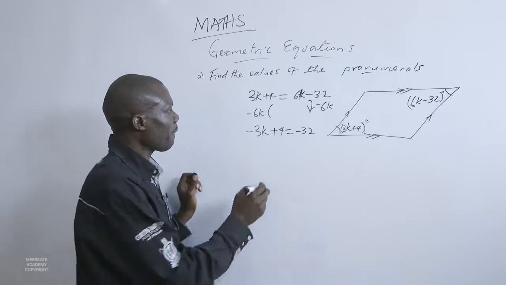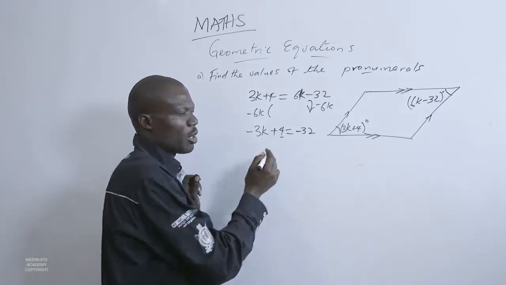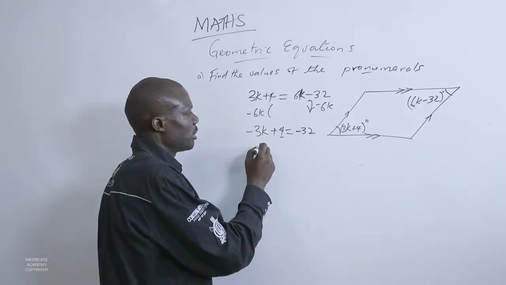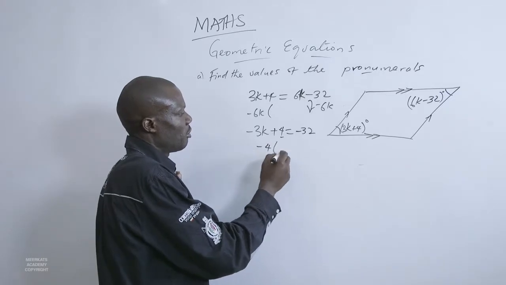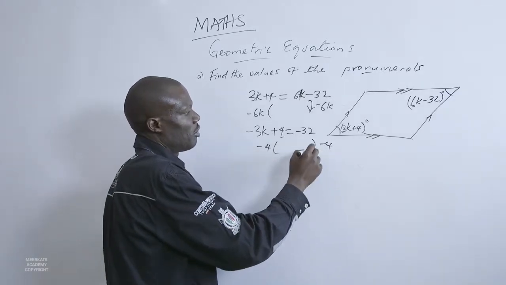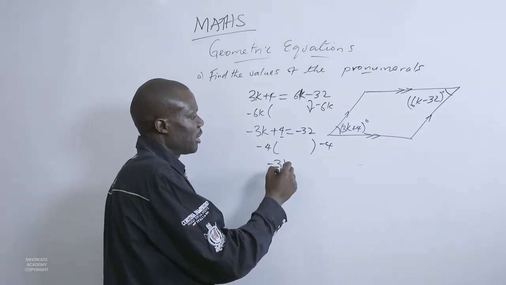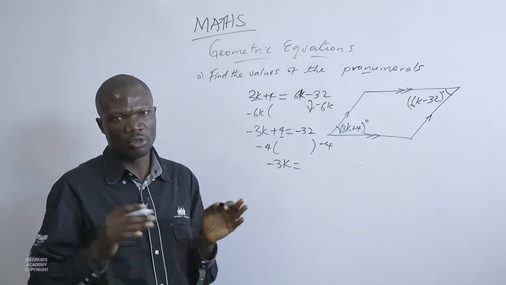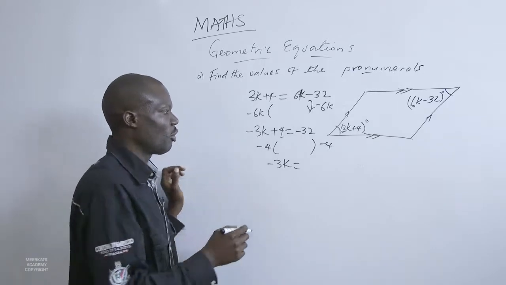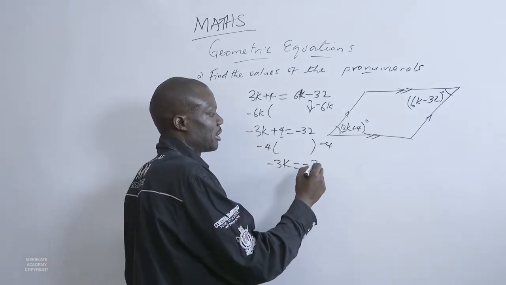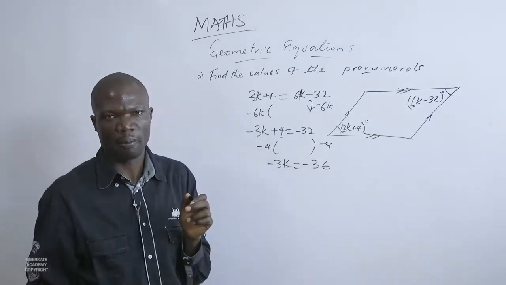Now we need to remain with k, so we shall subtract 4 from this side and subtract 4 from that side. This will be minus 3k is equal to minus 32 minus 4, which is minus 36.